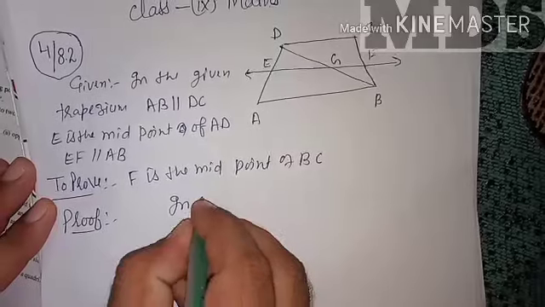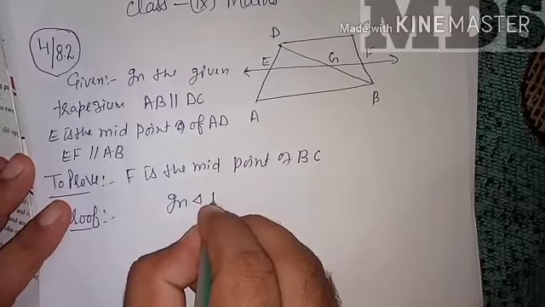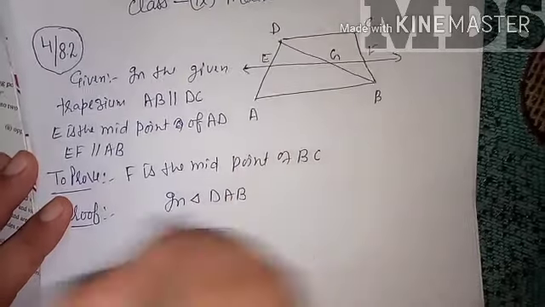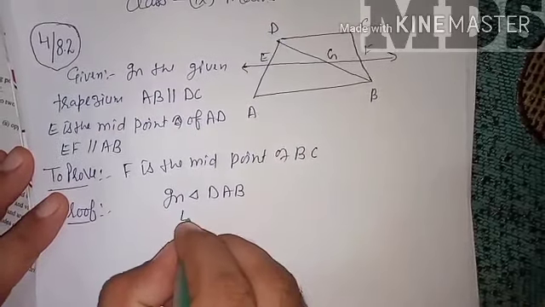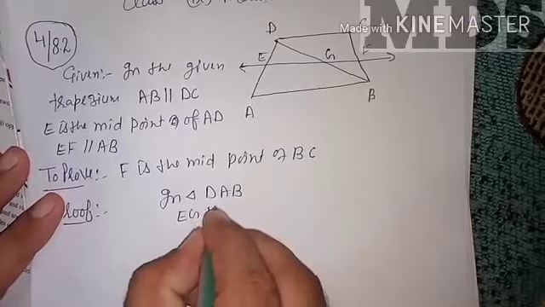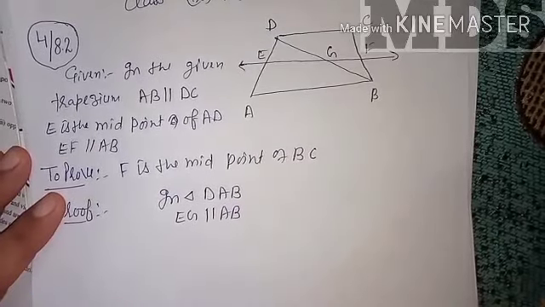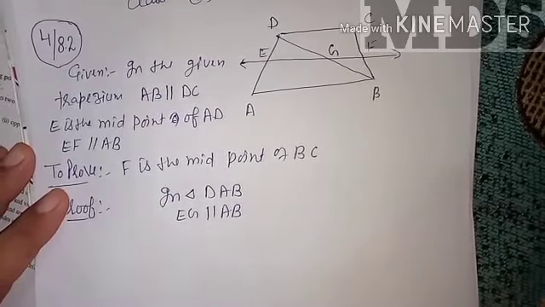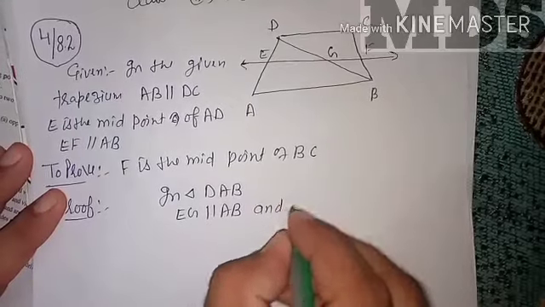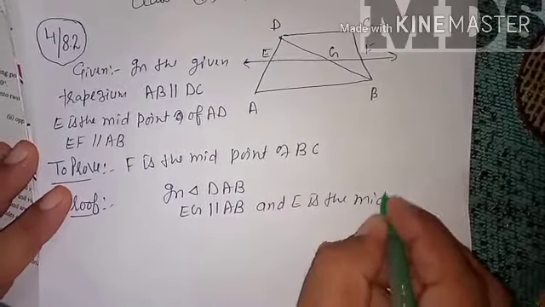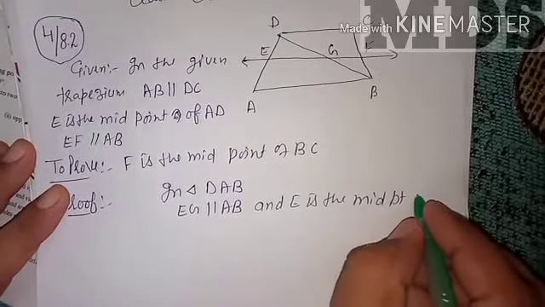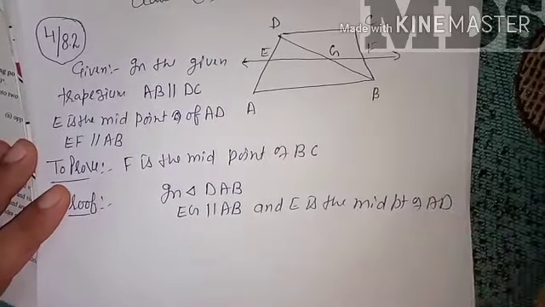In triangle DAB, EG is parallel to AB and E is the midpoint of AD.